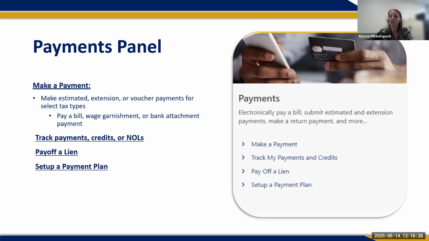This feature is one of the few hyperlinks on the homepage that's going to actually prompt you to log in. And I say that because this function cannot be completed without looking across the complete customer account to see if there's any other tax accounts that is associated with that customer. So you would need to establish a myPATH profile in order to set up a payment plan with the Department of Revenue.